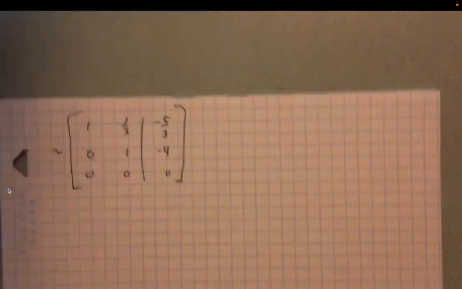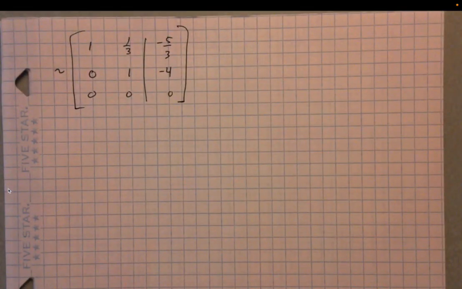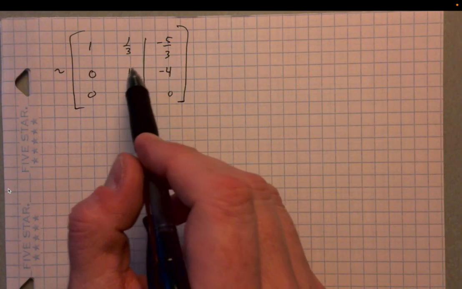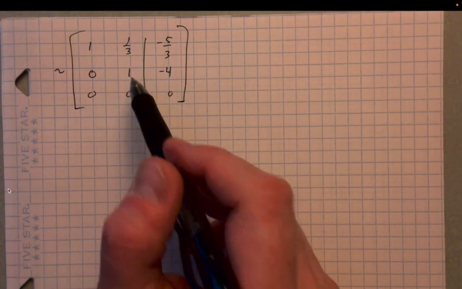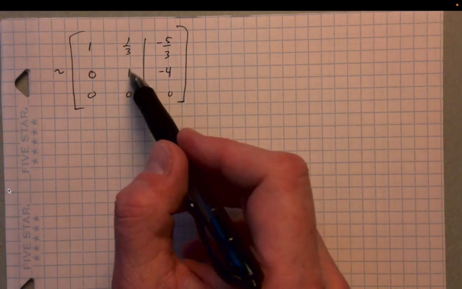Okay, and so that's our augmented matrix. Now, the next step, we would continue on and try to get all zeros below this pivot.